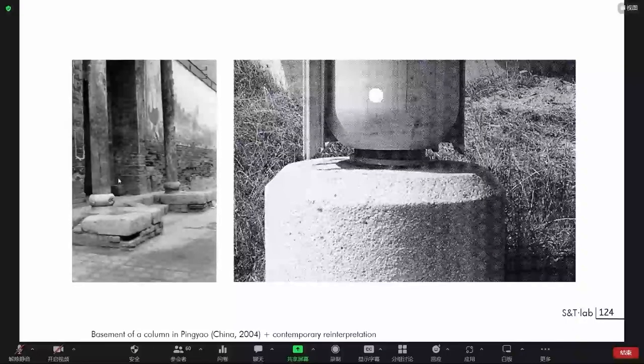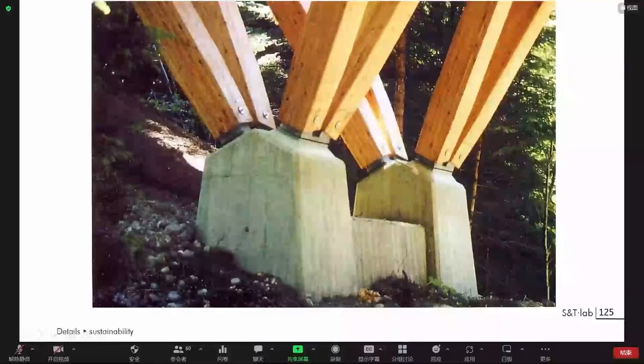You can see a traditional version coming from the Chinese city Pinghao, and you have a modern translation of this using a basement made of concrete with steel connection, and the timber that's not touching the ground. More protective assembling like this. So this is a part of the design in which we have to consider every contact with water that could be a problem in the way you design the structure.